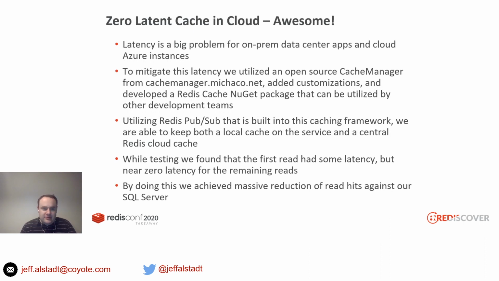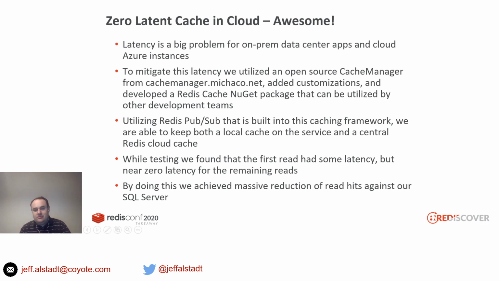But there's a little problem. We do have an on-prem data center where most of our production applications are stored and housed and run. So using Azure Redis introduced the problem of latency. Latency is a big problem for on-prem data center apps and cloud Azure instances.